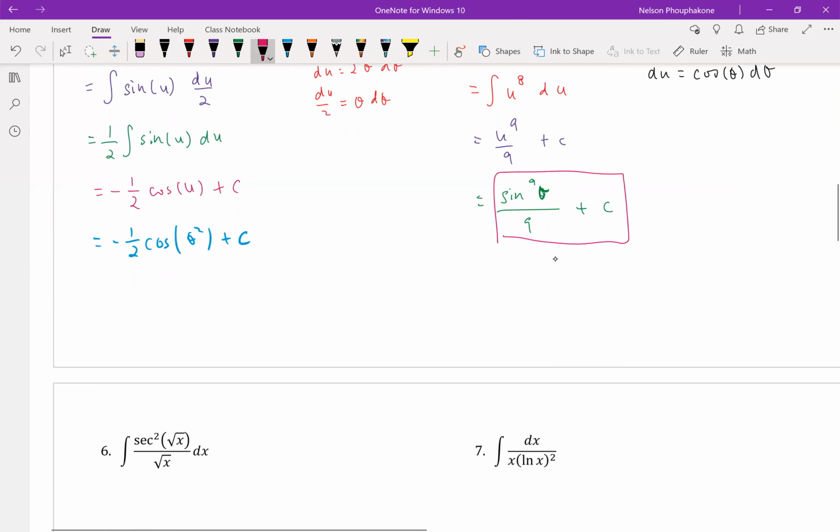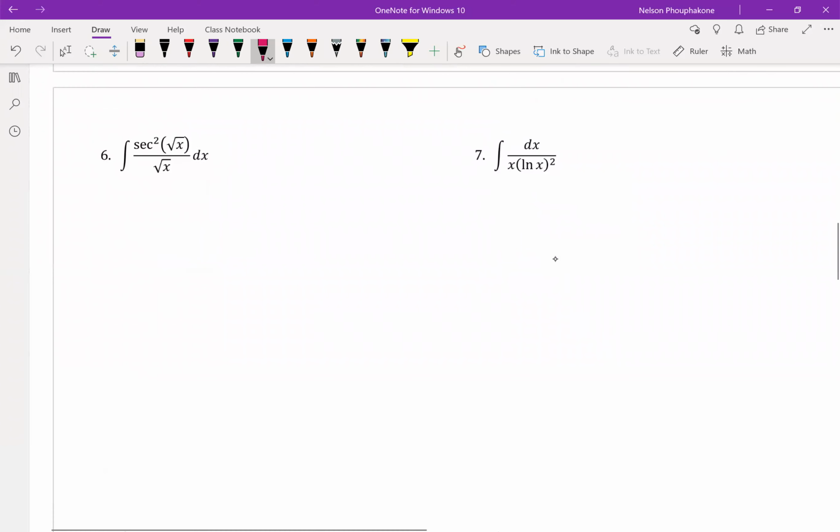Okay, then the next problem. To this one, it seems really obvious that my u will be square root of x, which is x to the 1/2, right? So therefore, again, du will be 1/2 x to the negative 1/2 dx. Or let me write it down. So in this case, I will have 2 times du is dx over square root of x.